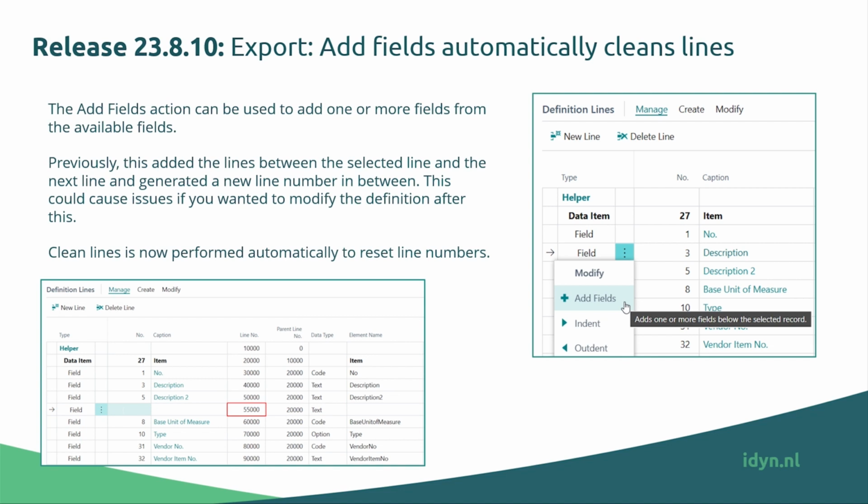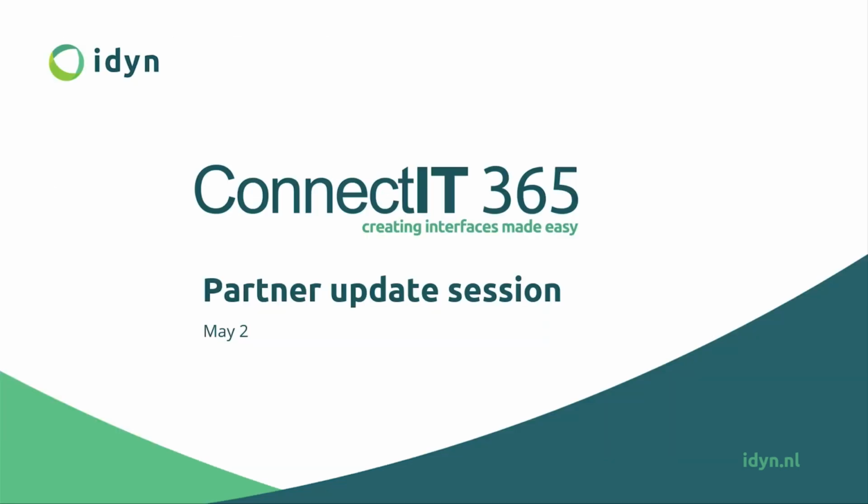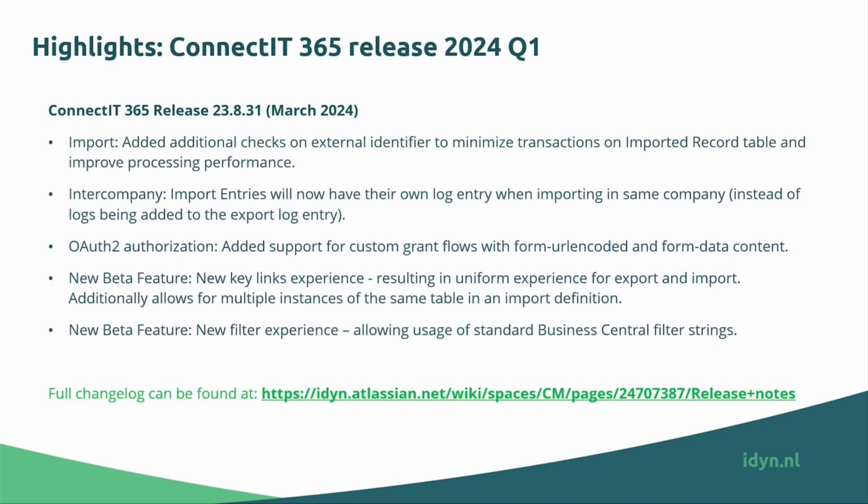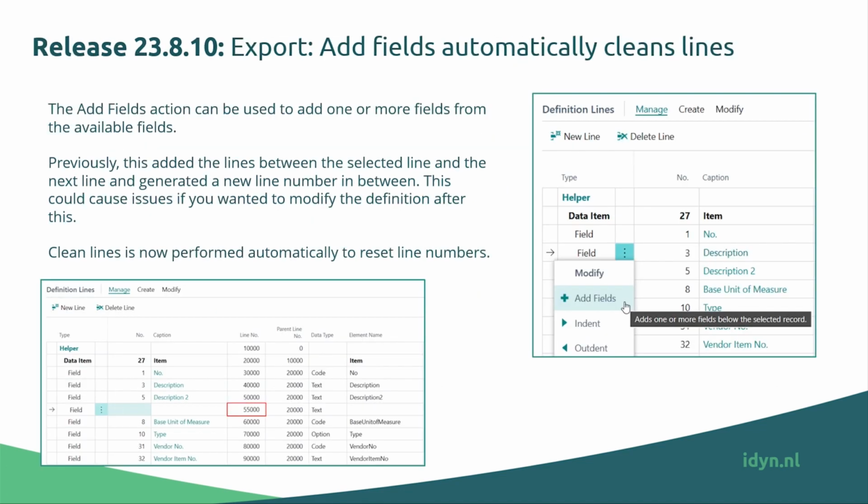When you add lines manually, there is not enough space in between the lines available. If the clean lines functionality is performed after the add fields functionality, this will also reset the lines, so you can add new lines after as well without any issue.